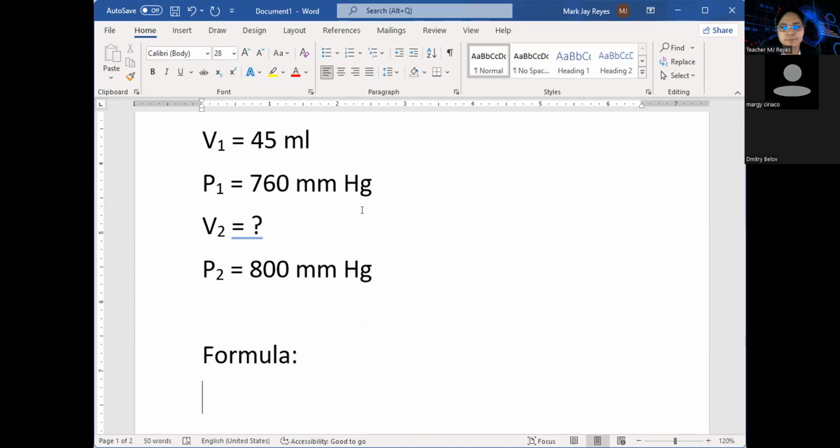Dimitri and Margie. The given is already there. We already plotted the given. Now it's time for us to extract the formula. What is the formula under Boyle's law?